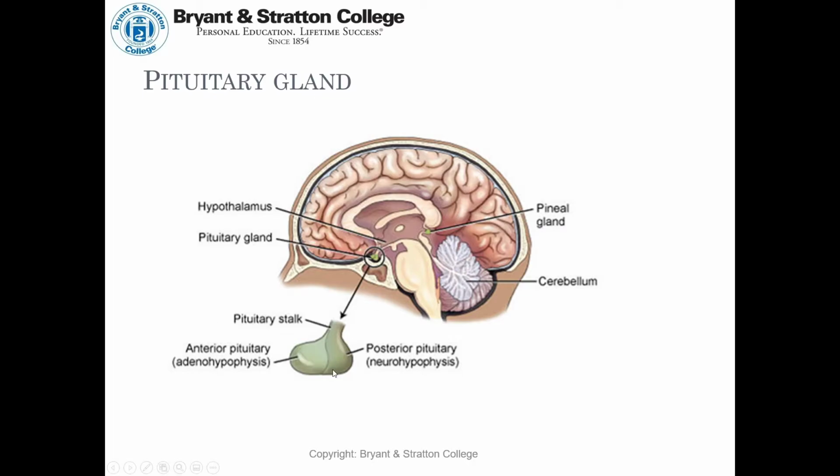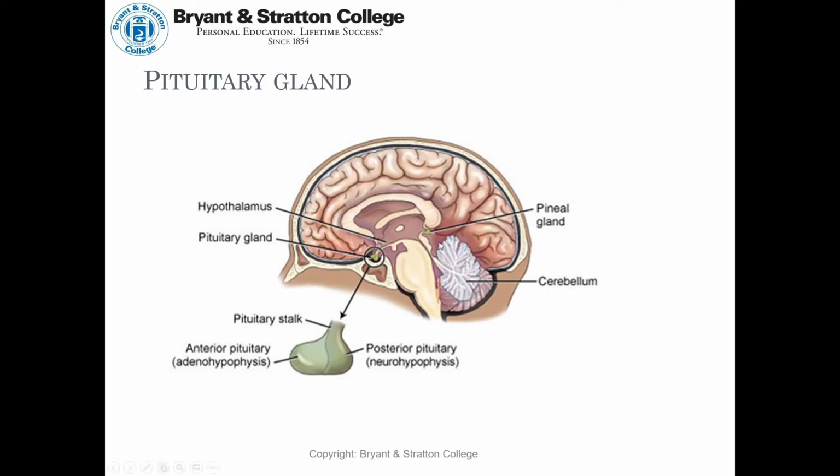In fact, there's literally neurons from the hypothalamus that essentially are what make up the neurohypophysis. The anterior pituitary is connected to the hypothalamus via what's called the hypophyseal portal system. It's just a blood vessel network.